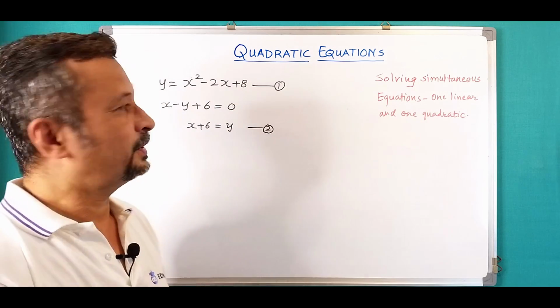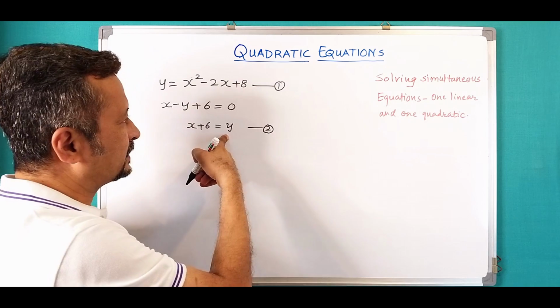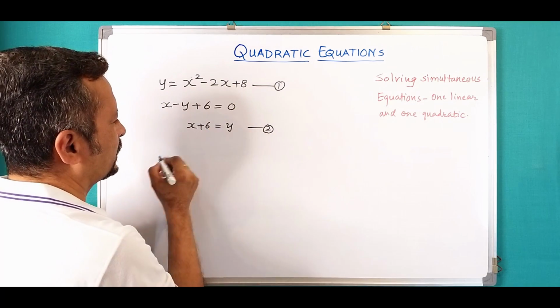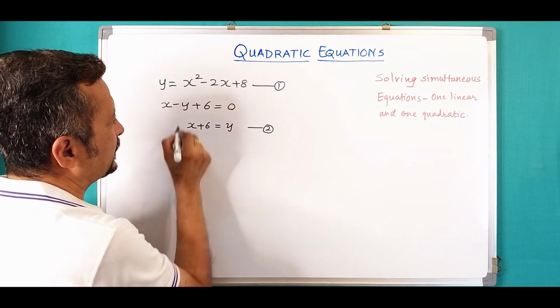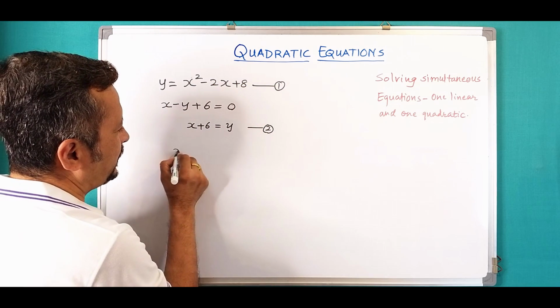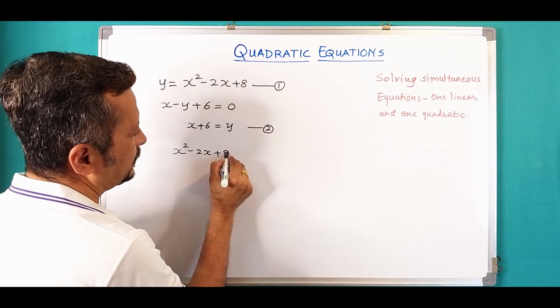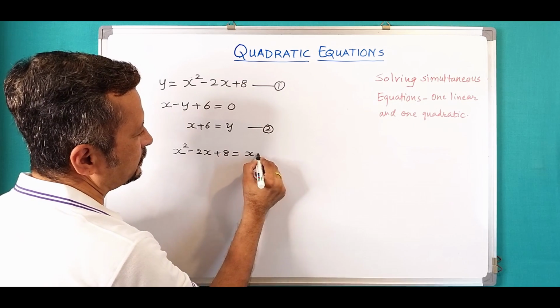Now what do we do? I substitute y is equal to x plus 6 in this equation. So I can say y is equal to this and y is equal to this. So I would say x square minus 2x plus 8 is equal to x plus 6.